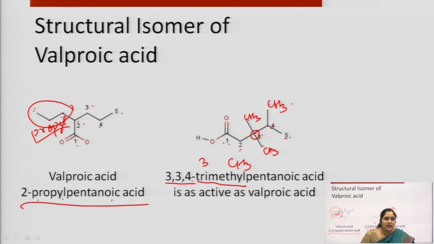So this is 3,3,4-trimethyl pentanoic acid. Both the 2-propyl pentanoic acid and 3,3,4-trimethyl pentanoic acid are active as anticonvulsant agents.